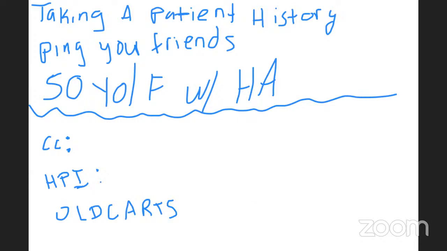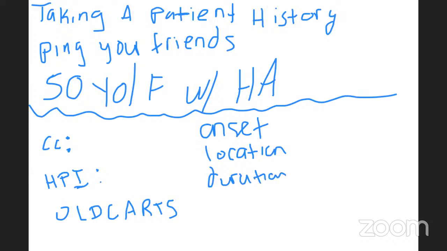So O is for onset. L is for location. D is for duration. C is for characterization of the headaches. A is for alleviating factors, A is for aggravating factors.